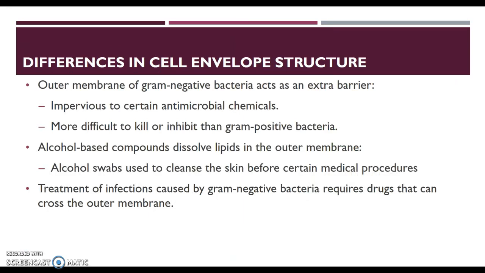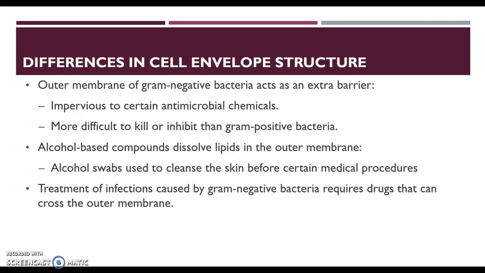There are a few differences in cell envelope structure depending on the type of organism. So the outer membrane of the gram-negative bacteria acts as an extra barrier, and it is particularly impervious to antimicrobial chemicals. So gram-negative organisms tend to be more difficult to kill than gram-positive bacteria.